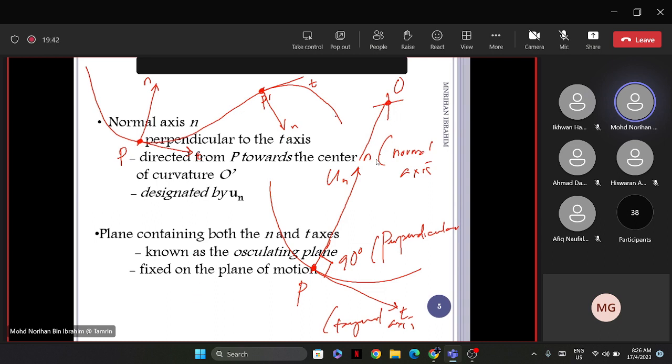It is always fixed in the plane of motion. Here it becomes like this. So this one is T, the tangent, and the normal is toward the inside of this curve.